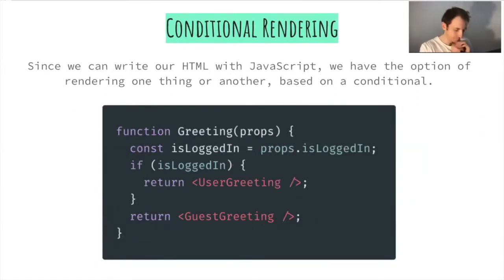Okay, so we have these components, we can write HTML inside of our JavaScript basically, which is quite nice. And a really nice thing that this gives us to be able to do is what's called conditional rendering. So since everything that we're writing is in JavaScript, we could have some kind of condition.